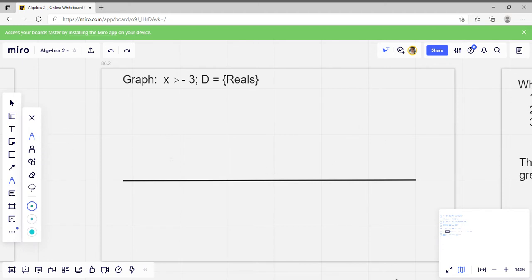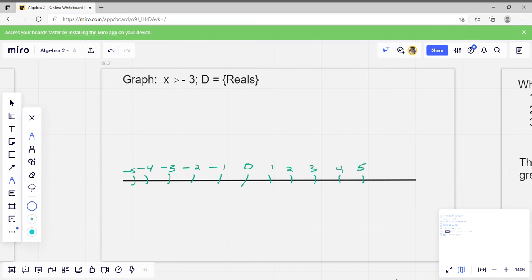Alright, so this one I'm going to have, come on, pen. There we go. Turn my thickness down here. Okay, so this one I have x is greater than -3. Alright, so I'm going to need a 0 and -1, -2, -3, -4, -5, and that'll be 1, 2, 3, 4, 5.